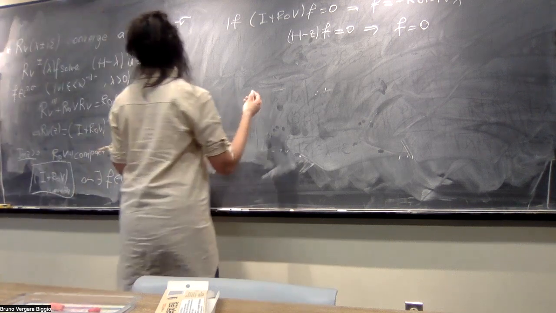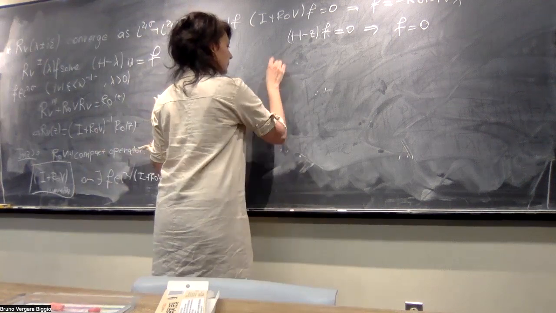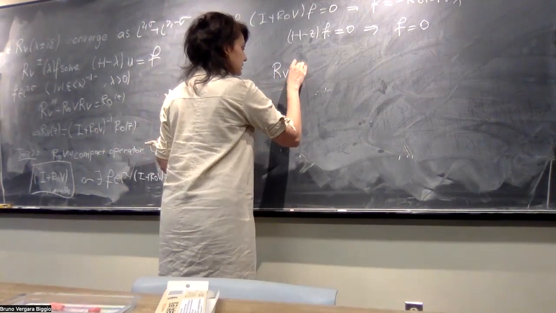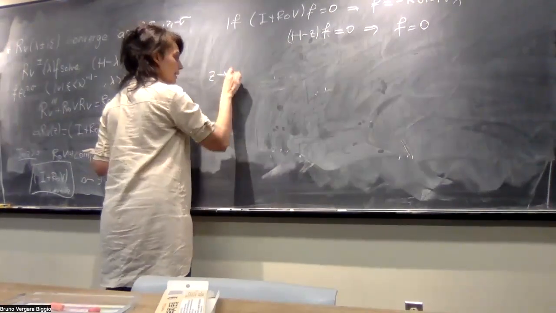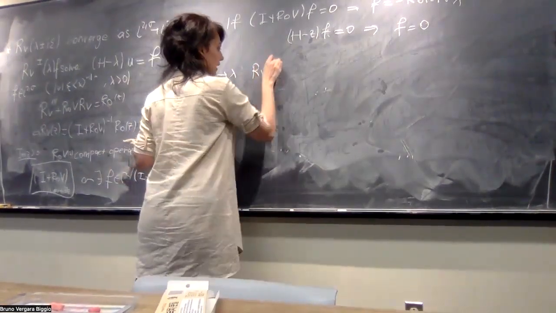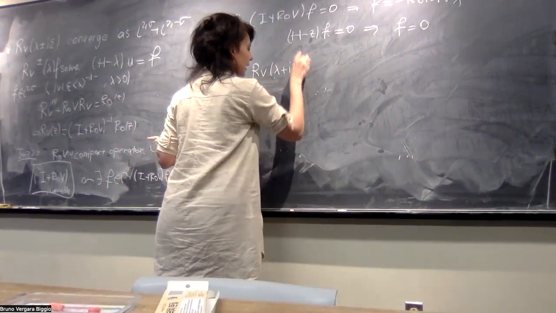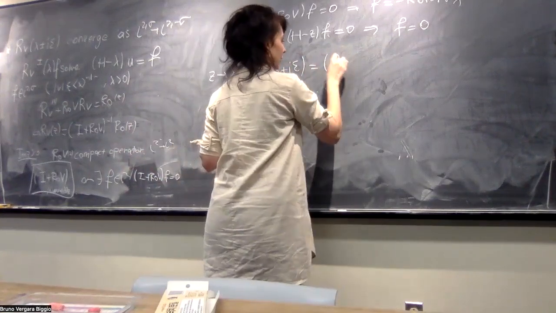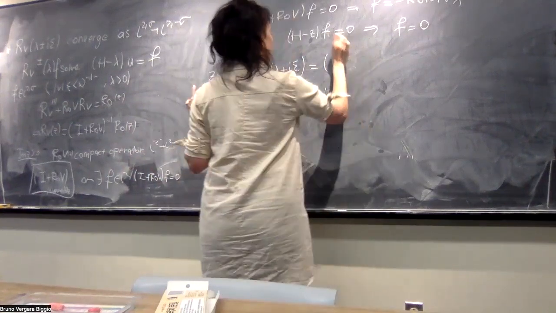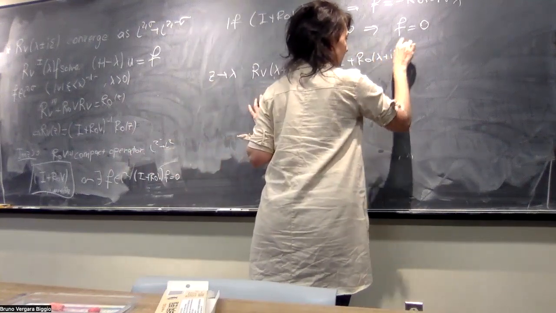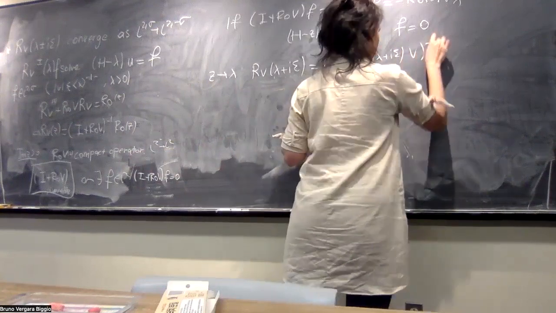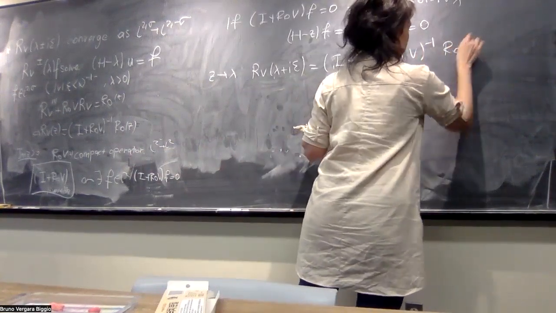we have to be a little bit more careful, because as I take my z to lambda, then I will have the resolvent at lambda plus i epsilon, R_V, equal to I plus R0 at lambda plus i epsilon times V, inverse, times R0 at lambda.